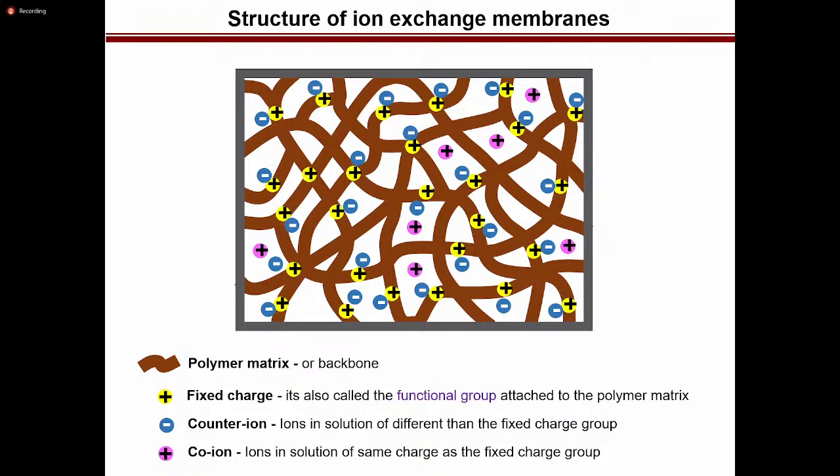And then, I said these are charged membranes. They have negative charges, they have positive charges. If they have a positive charge, they will selectively transport negative ions, so we call them the anion exchange membranes. If they have negative functional groups, they selectively transport cations, so we call them cation exchange membranes.